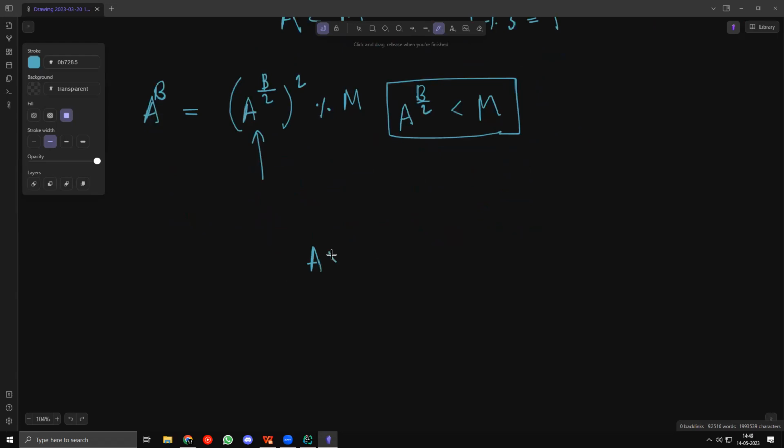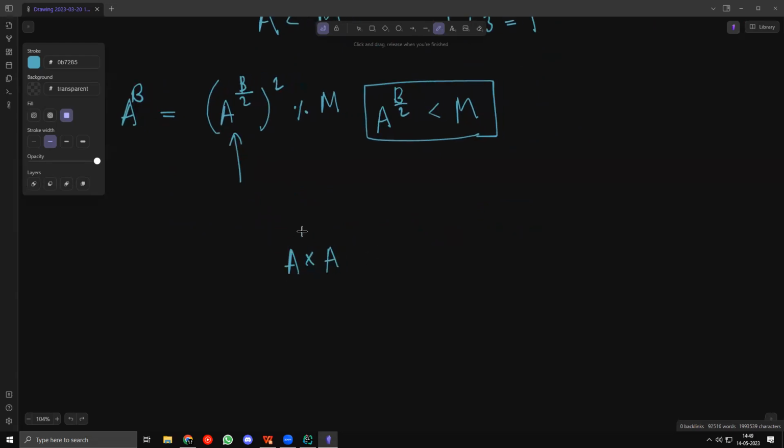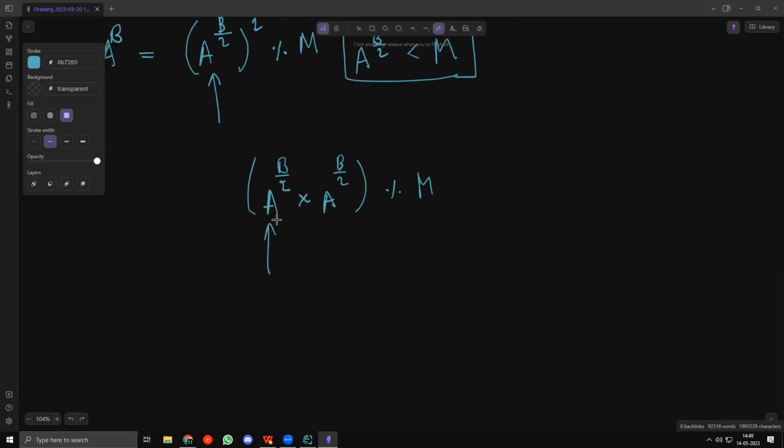Because if I had this, then it would be a to the power of b by 2 into a to the power of b by 2, modulo m. And I don't care what these a to the power of b by 2 values are, right? As long as they are proper, then it doesn't matter to me.